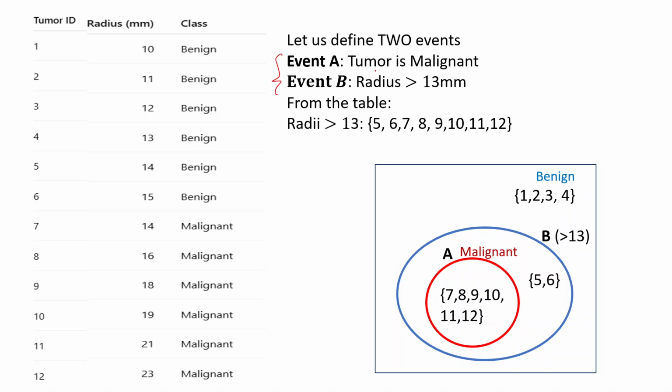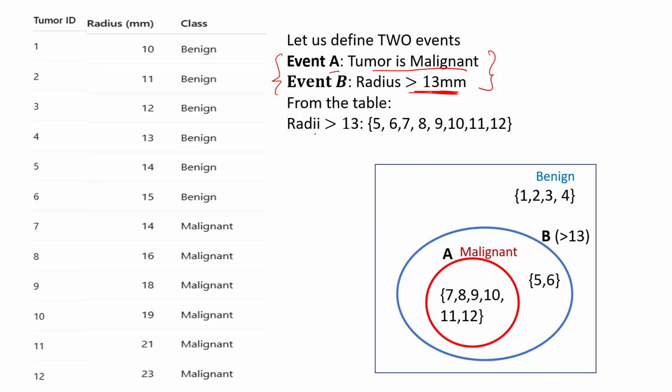One event is the tumor is malignant, and the other is that the radius is greater than 13 mm. We will just take these two events for the example.